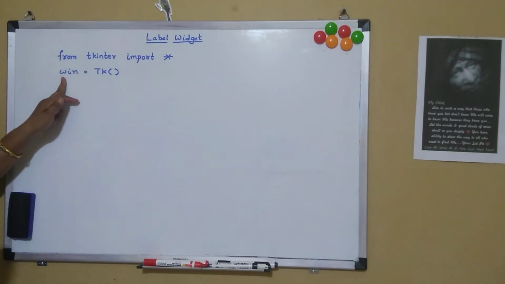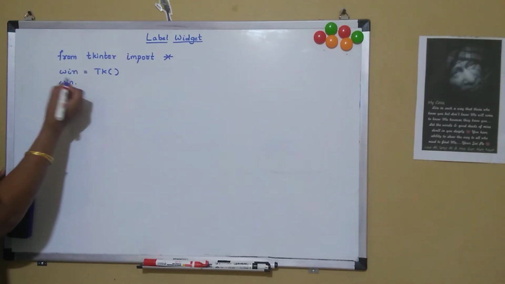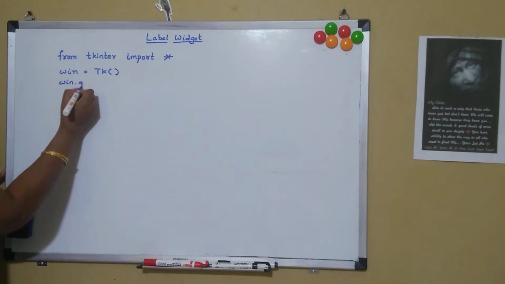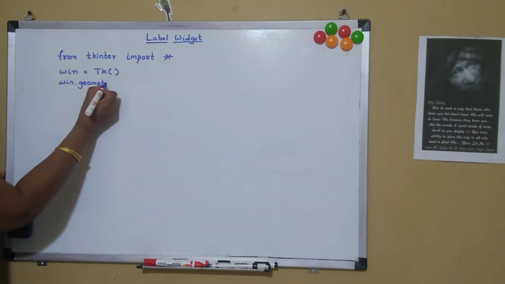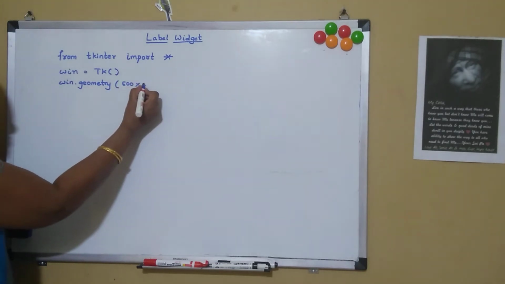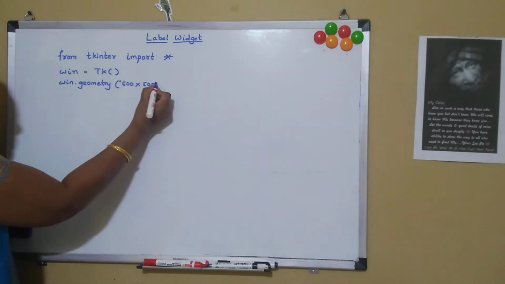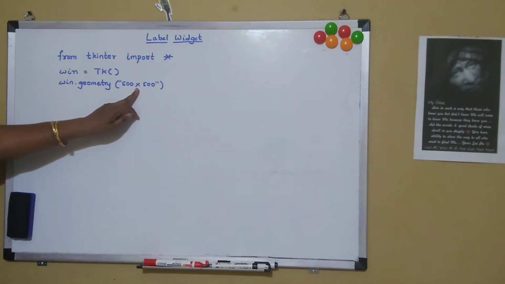This will create the main Tkinter window. Then I'll specify the size of the main window. For that I have to use win.geometry and specify the pixels. Let me say 500 and then 500, which should be given in quotes separated by an x symbol.